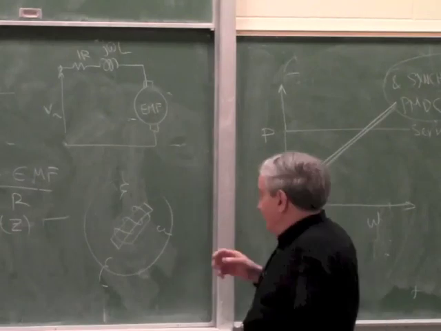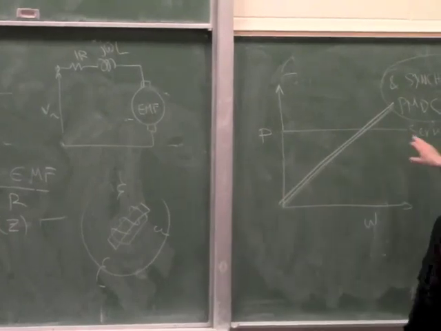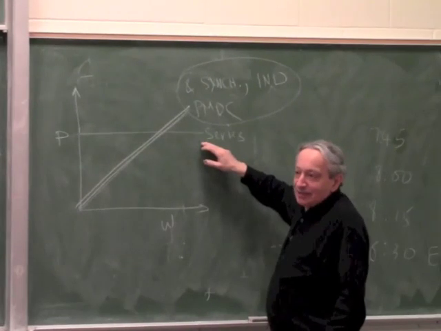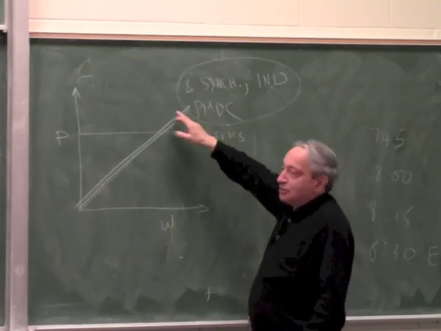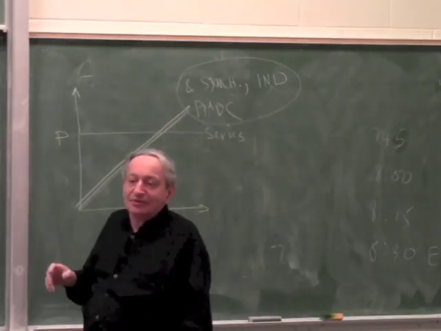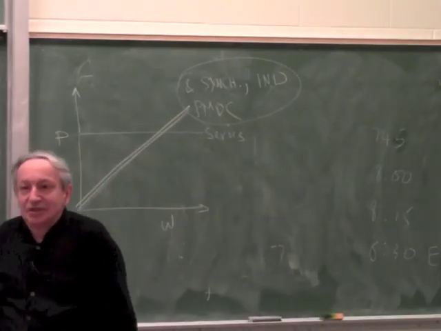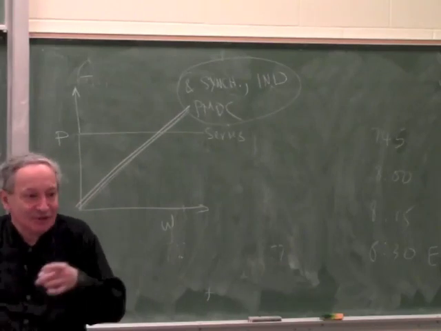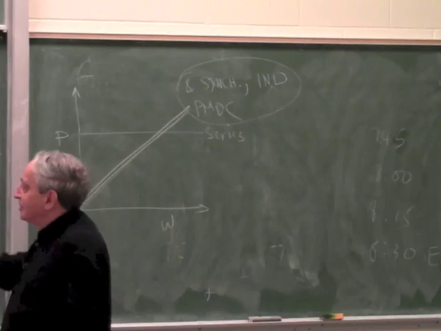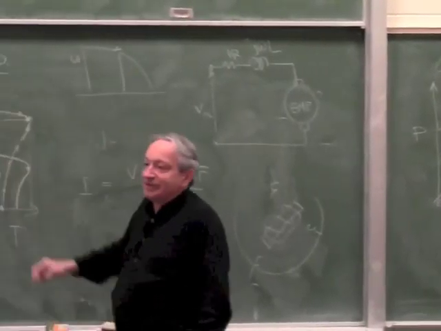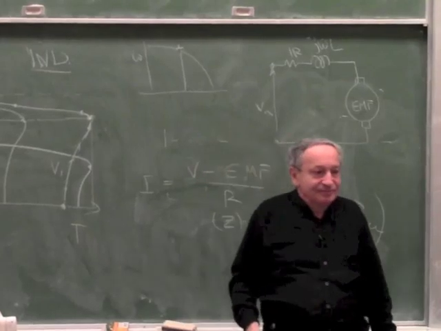So in spite of this wonderful characteristic of the series wound motor, all electric cars, except the very old ones, use an induction motor. The reason they have to use an induction motor and not a synchronous motor is that a synchronous motor would not start. You have to start very slowly to keep it in lock. And an induction motor will start from 0 speed and ramp up to the right speed. Okay?